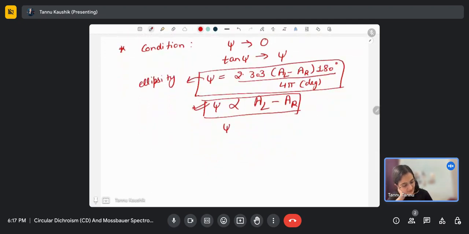That is, psi is proportional to the change in the absorbance.